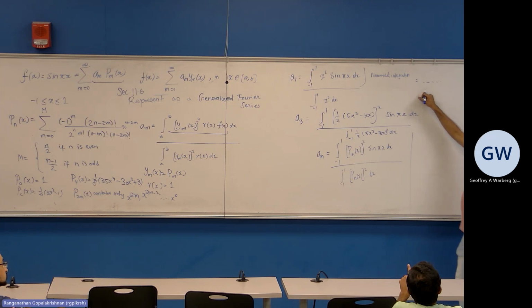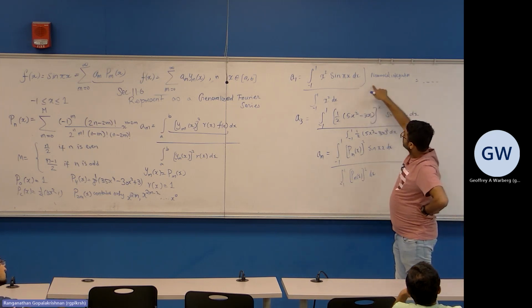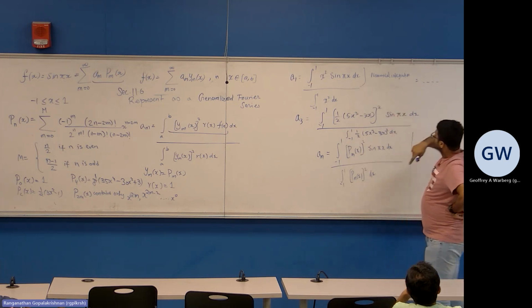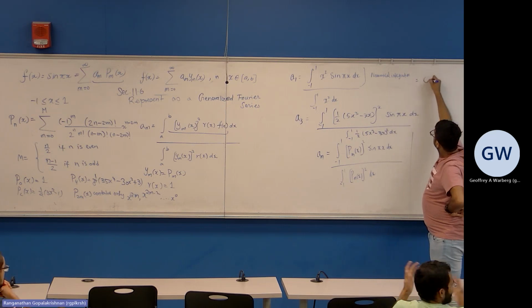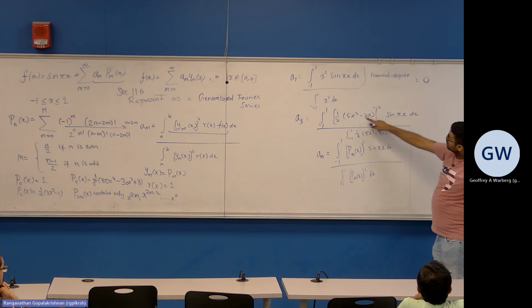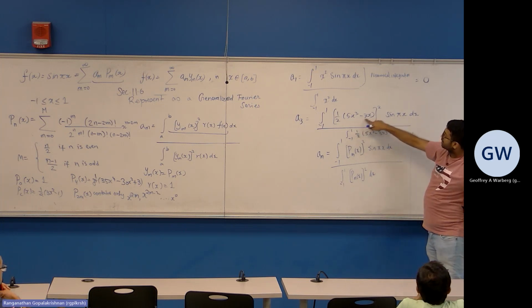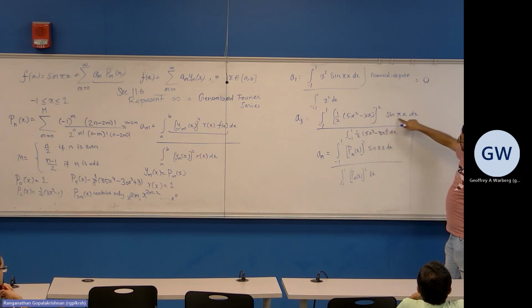And P of x is the main odd function. So this is 0. Yes, it's the odd function. Right. This is 0. Is this also 0? Hopefully not. No, this is not an odd function. This is squared, so this is not an odd function, but this is an odd function, correct?